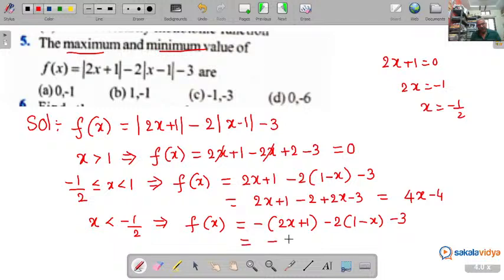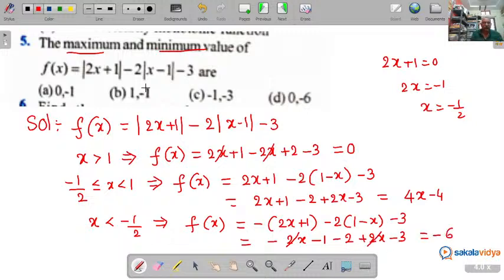So then this becomes minus 2x and minus 1, x less than minus 1 means x less than 1 only, okay, minus 2x and minus 1 minus 2 plus 2x and minus 3. So minus 2x plus 2x cancel, this will be minus 6.